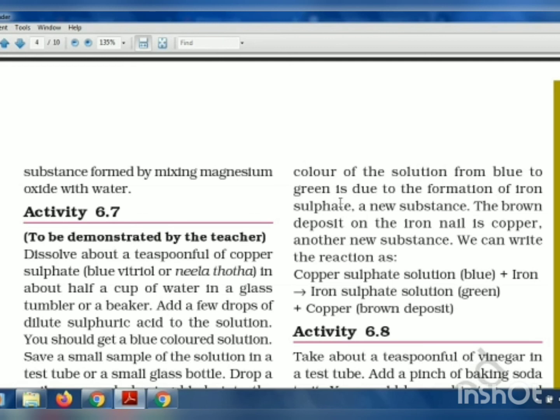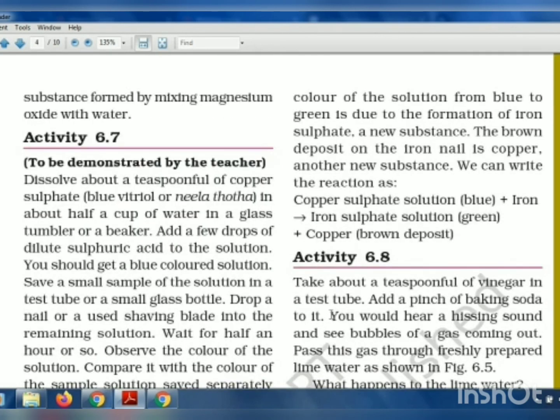Copper sulfate solution plus iron, because that blade is made of iron, when they react with each other, give iron sulfate solution plus copper deposits. So copper gets separated and deposited on that blade piece, and that's why the blade piece looks brown. These are the two products of copper sulfate solution plus iron: iron sulfate and copper.